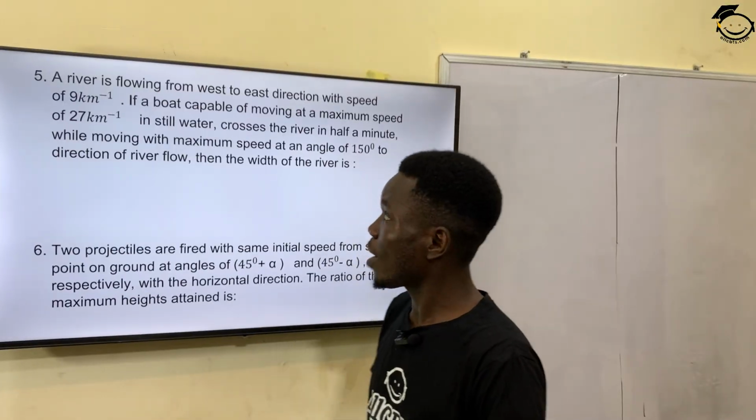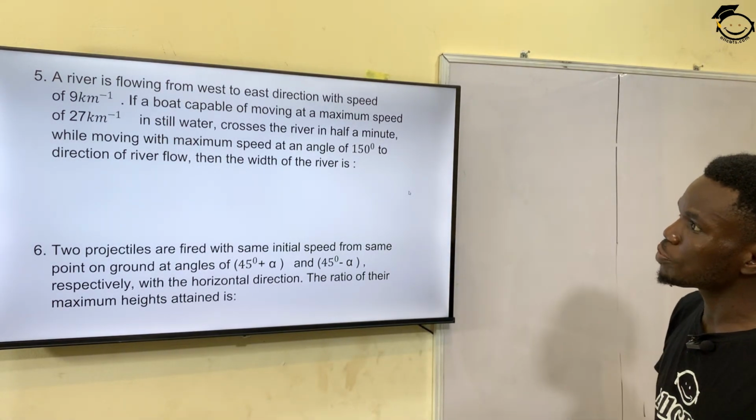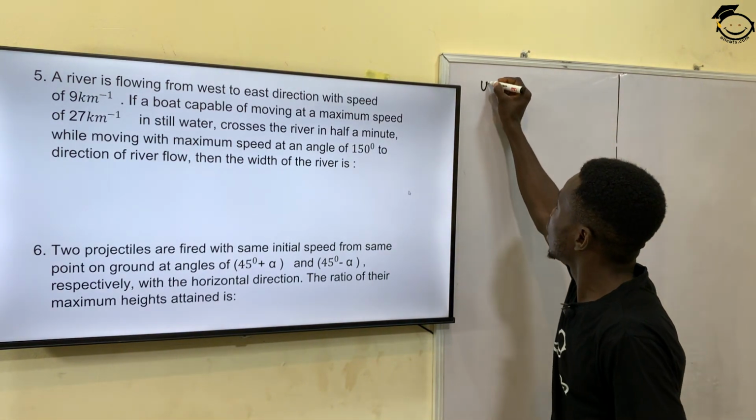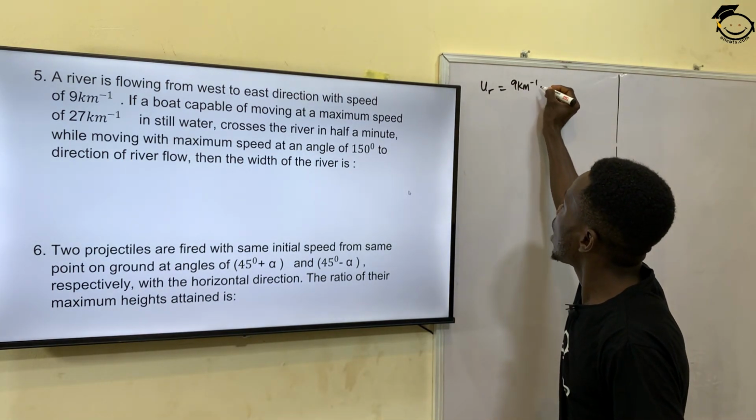Moving on to question number 5, it says a river is flowing from west to east direction with speed 9 km/h. So we have the speed of the river as 9 km/h.